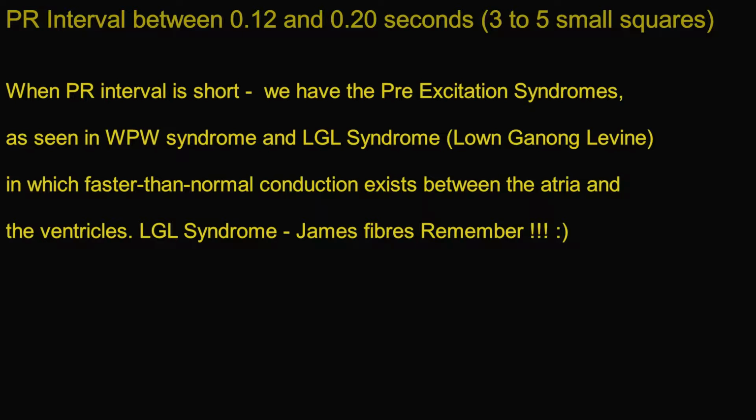Just to remember LGL syndrome, there are James fibers, so they are in the bundle of Kent... in LGL syndrome. And in WPW syndrome, they usually have 3 abnormal pre-excitation pathways, about which we will discuss in detail later on.